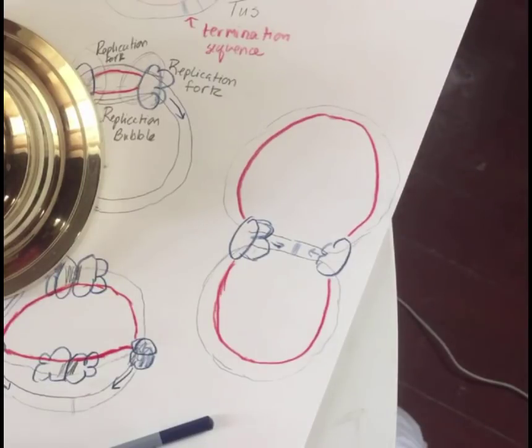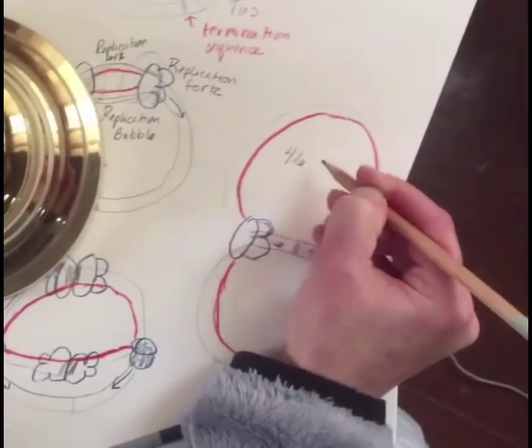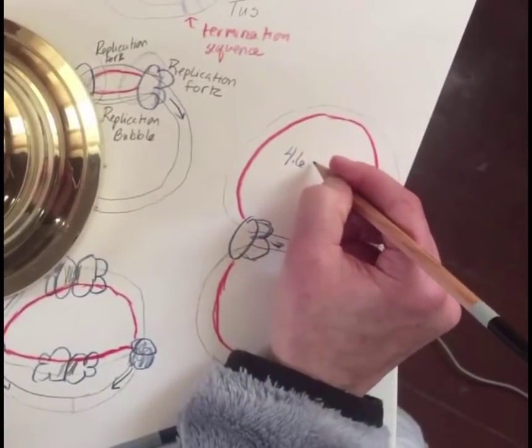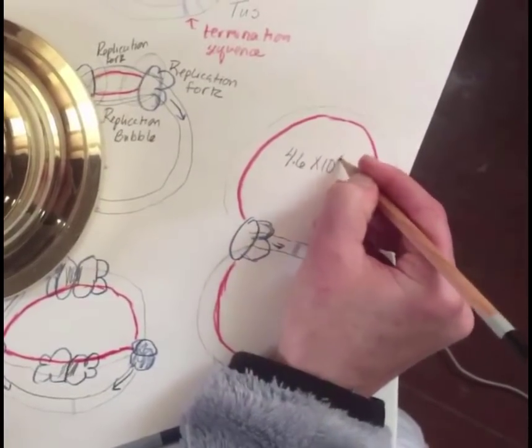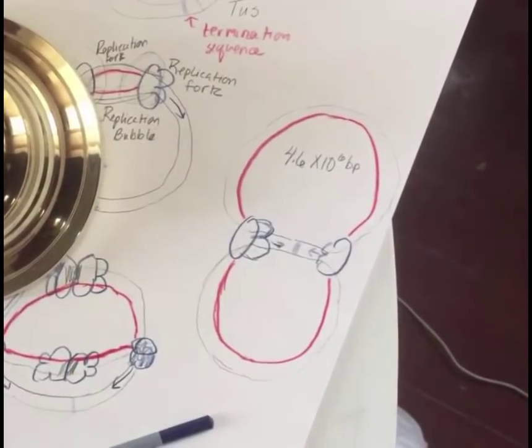So if we know that the E. coli chromosome is 4.6 times 10 to the 6th base pairs, or we usually say that a little bit differently, we usually say that it's 4,600 kilobases, but making it easy for you by saying it's 4.6 times 10 to the 6th base pairs.